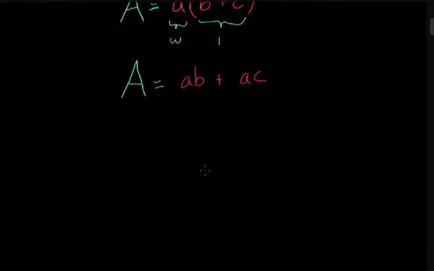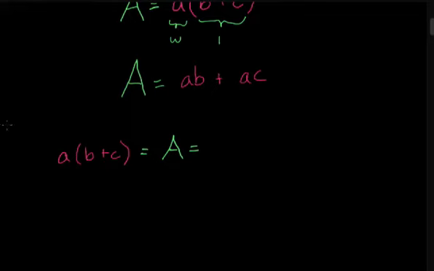And this leads us to an interesting conclusion. Now we can say that a times the sum of b and c equals the area of the rectangle. And another way of expressing the area of the rectangle is a times b plus a times c.